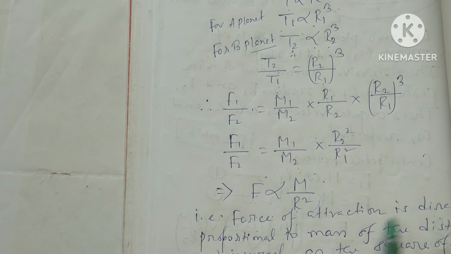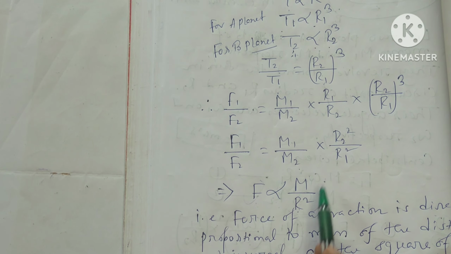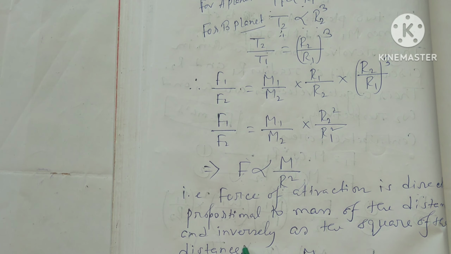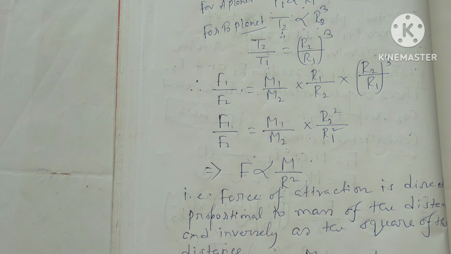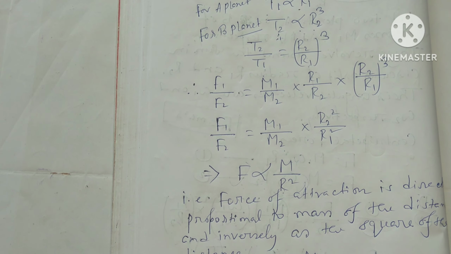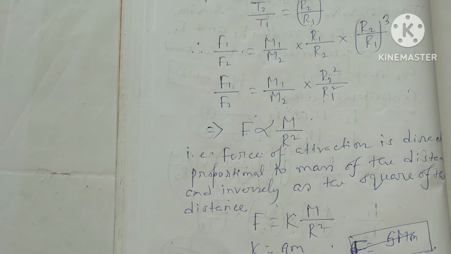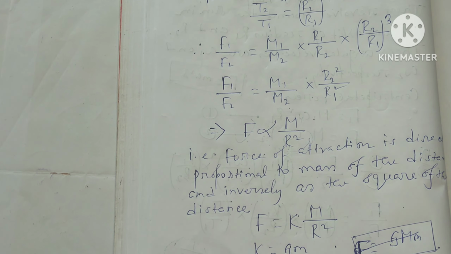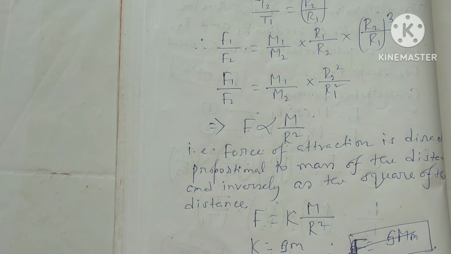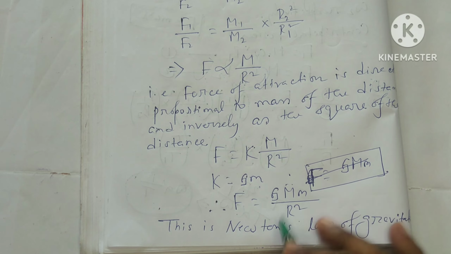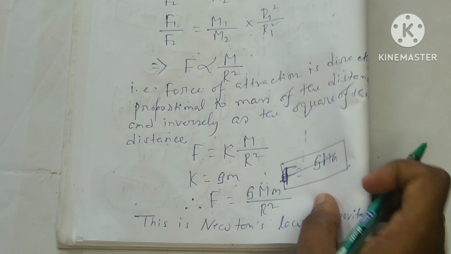So force of attraction is directly proportional to the mass and inversely proportional to the square of the distance. So this constant K is G, and F equal to G m1 m2 by r square. This is Newton's law. This is very important in different exams.